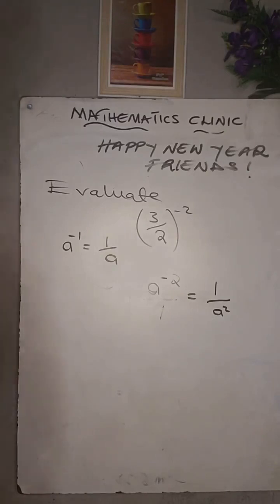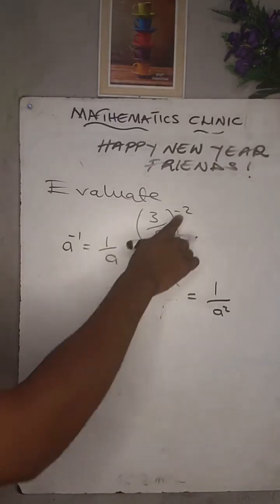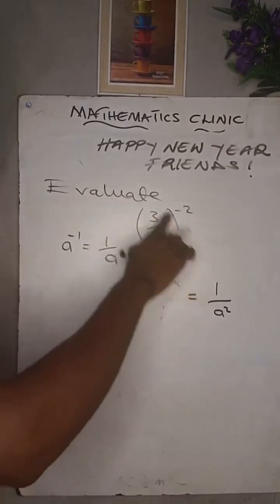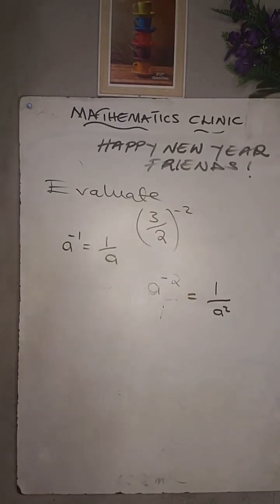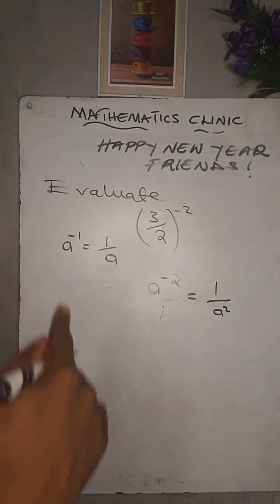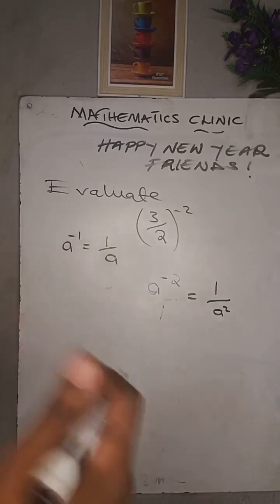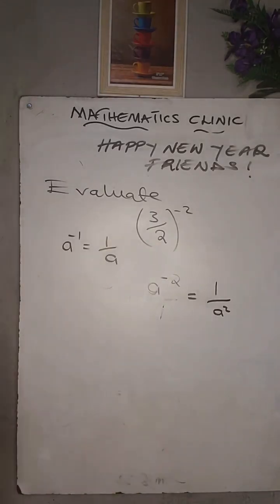Okay? So, since we have the power negative 2, this fraction will reciprocate, meaning the denominator becomes the numerator and the numerator becomes the denominator, but the power will maintain.